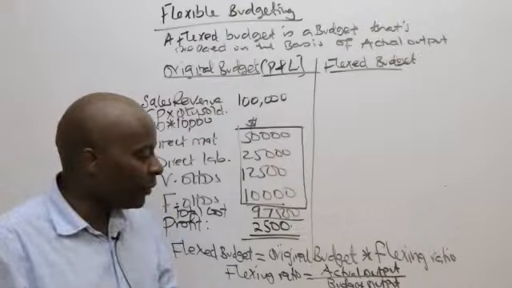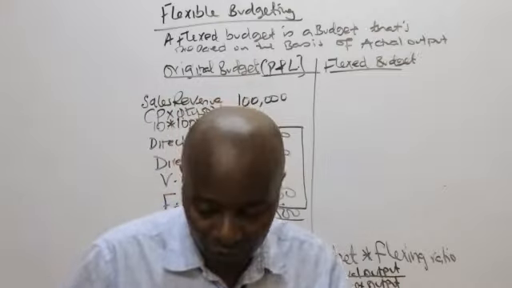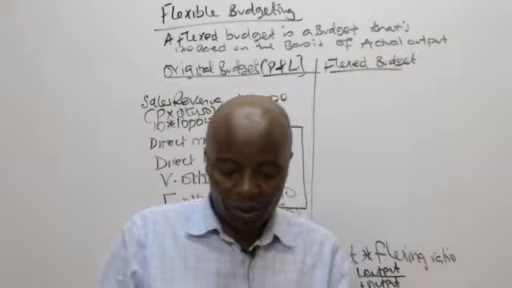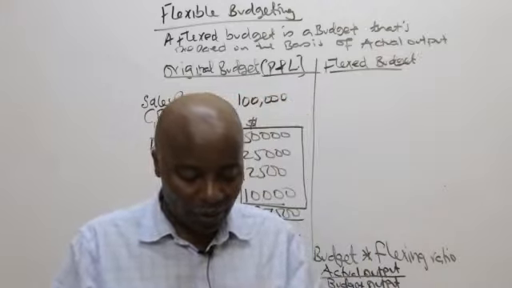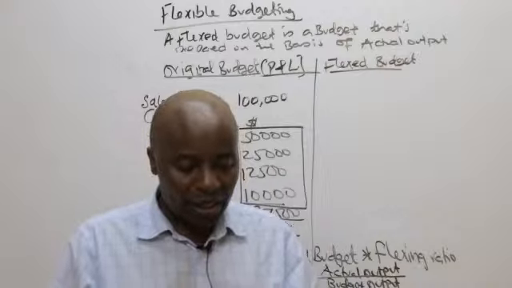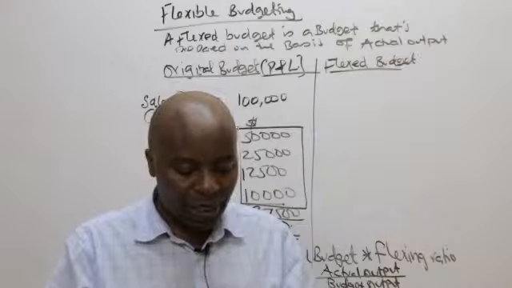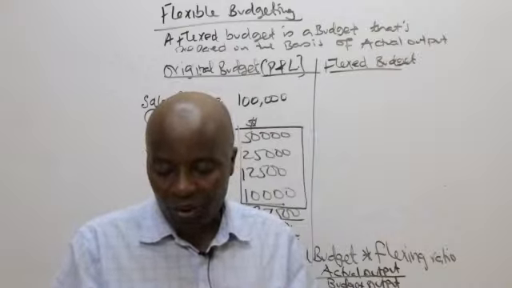Now, ladies and gentlemen, the actual output: if you read this particular question that we have on our WhatsApp, I want to believe you guys got it there. They told us at the end of the year, the following costs had been incurred for the actual production of 12,000 units.